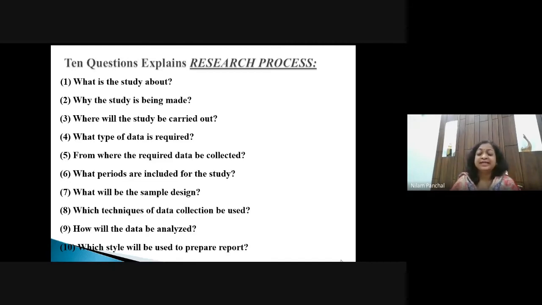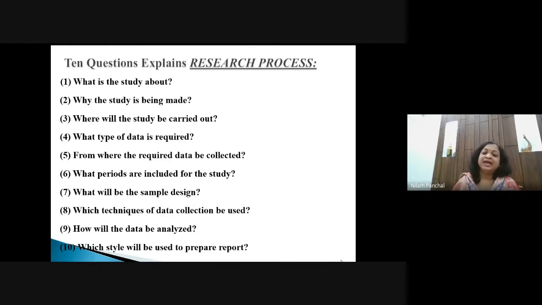Also, which techniques of the data collection would be used, right? How would you collect the data? Would you do it for qualitative or quantitative? And if it is so, how are you going for it?